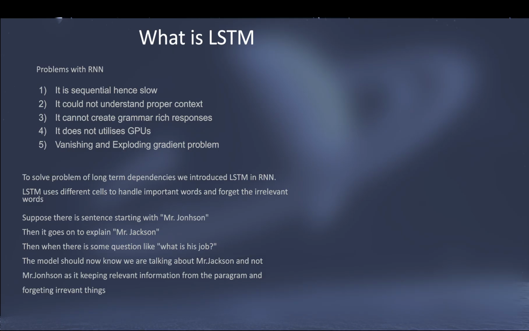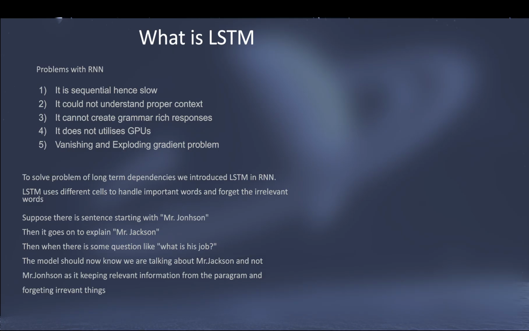LSTM is long short-term memory. It is made with multiple gates like the input gate, output gate, and forget gate. It is built in such a way that it will remember keywords for a longer time, but still it is sequential, still it will be slow, and still it will not be grammar-rich.